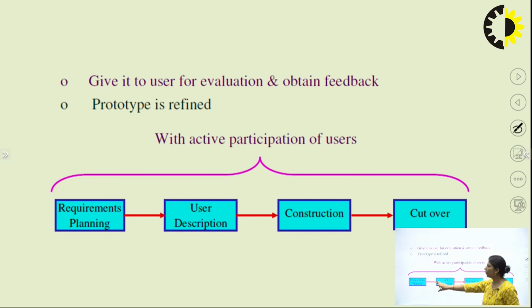Here the requirement planning has to be done, then the user design, then construction, which means the implementation, and then the cutover phase. Here we give it to the user for evaluation and get the feedback, and every time the prototype has to be refined. With the active participation of the users, we can move our project development through all these 4 phases.